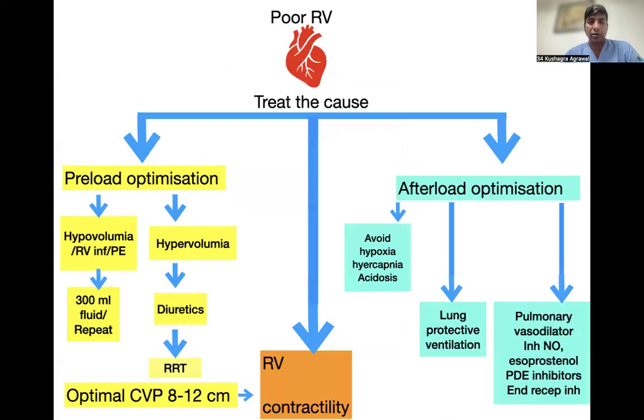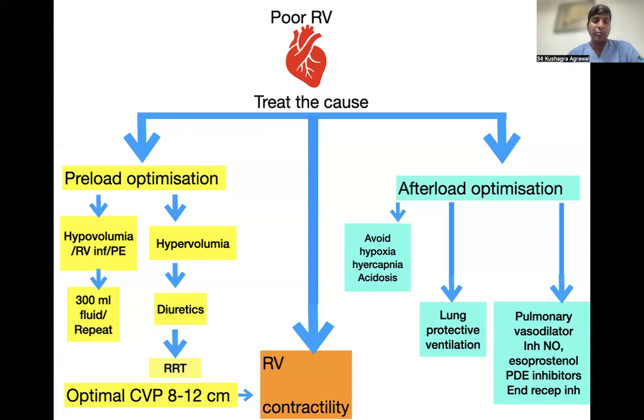So what should we do when we get poor right ventricular function? Most important is to treat the cause of the RV dysfunction. After treating the cause, we can divide management into three parts: preload optimization, afterload optimization, and management of RV contractility.